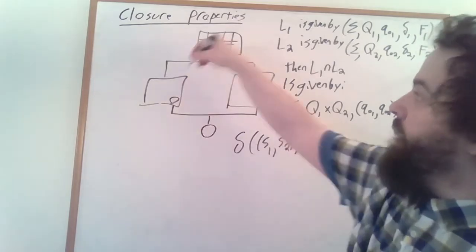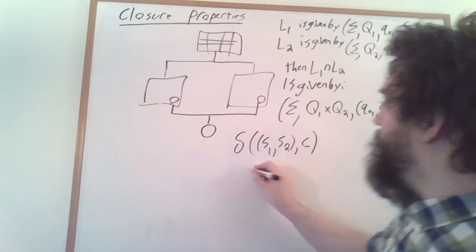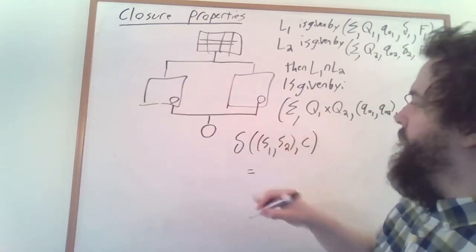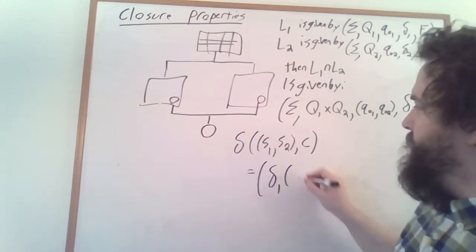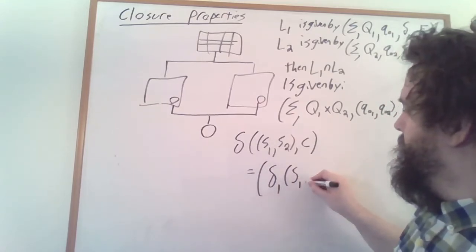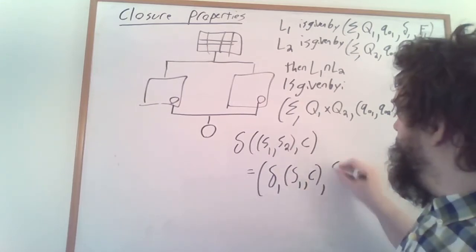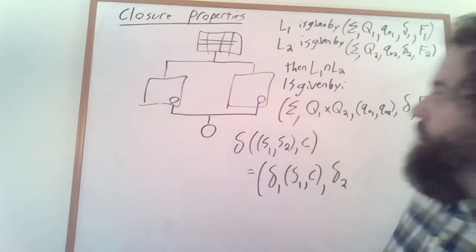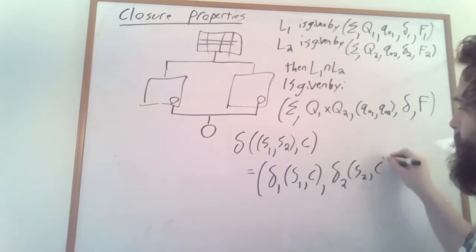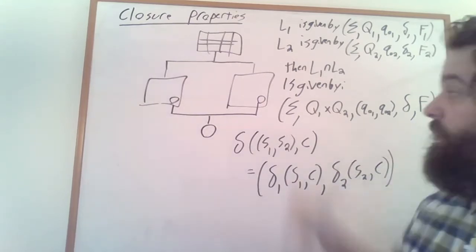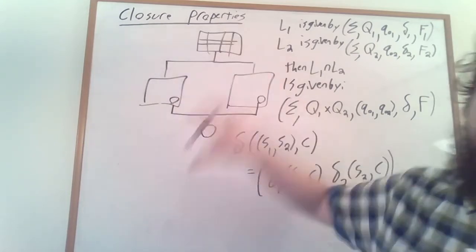We're going to feed the character C into the first machine and into the second machine, and so the resulting state of the system is just the pair of what we get when we update the first machine, which is currently in state S1, by the character C, and then what happens if we update the second machine, which is currently in state S2, by the character C. And so this defines our update, our transition function for this particular combination machine.